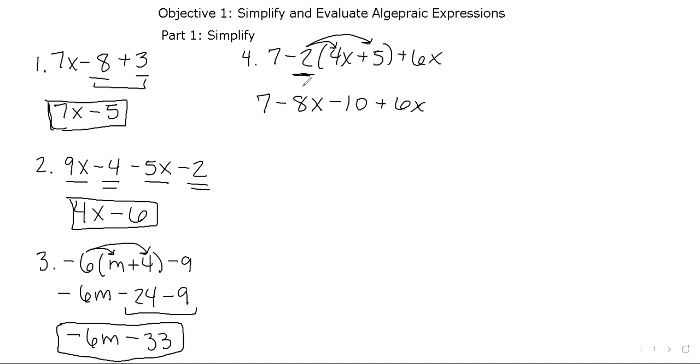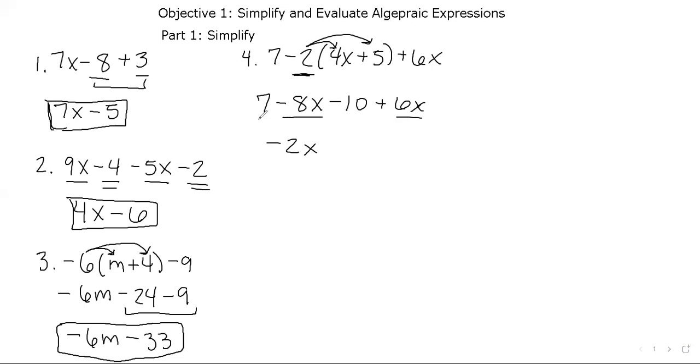Now we're going to combine like terms. After we have all of the terms laid out, then we can start combining like terms. We don't want to start combining like terms at this stage when we still have things that need to be distributed. So the negative 8x and the positive 6x, we're going to combine those to get negative 2x.